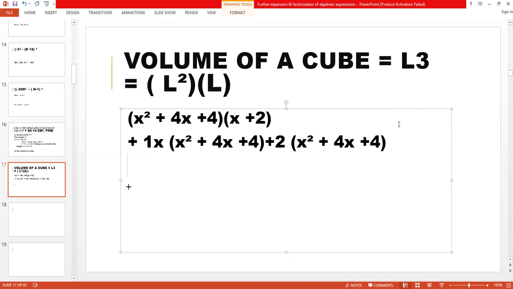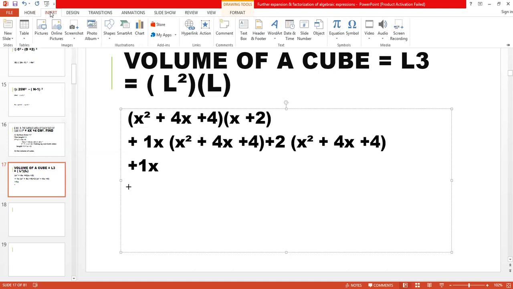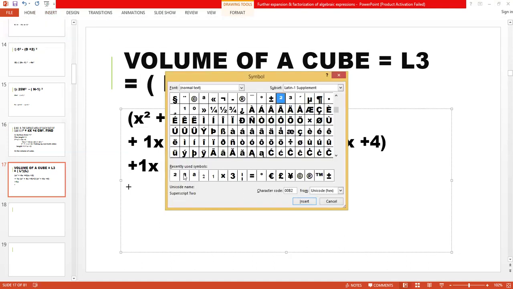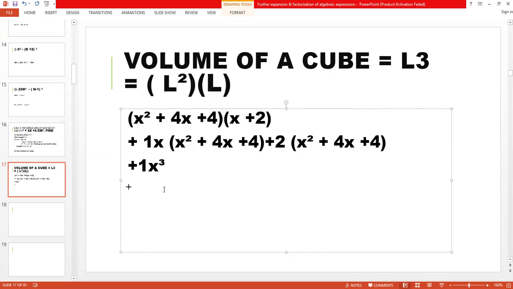Very easy. Plus into plus, plus 1 into 1, 1. x square multiplied by x becomes x cube. So here I put cube. Look here, it is x cube.